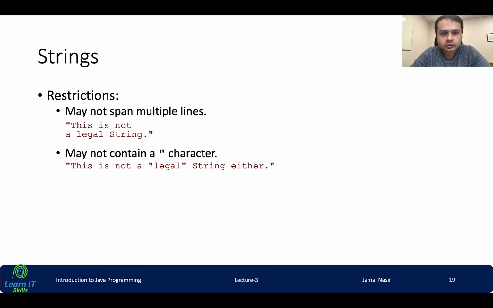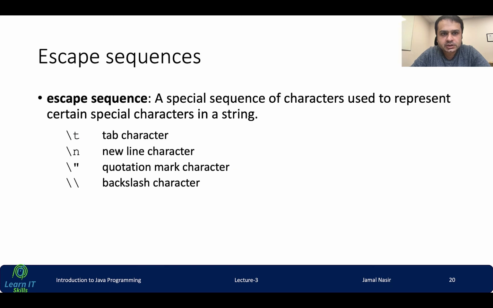So to cater to this problem, we can use escape sequences. An escape sequence is a special sequence of characters used to represent certain special characters in a string. For example, if we want a tab character, then we can simply use \t, right? And if we want a new line character, then \n.